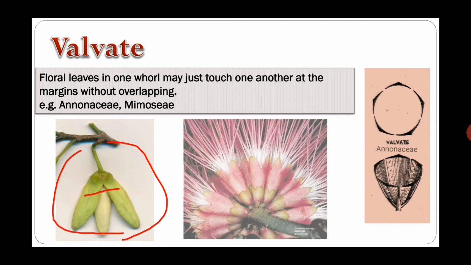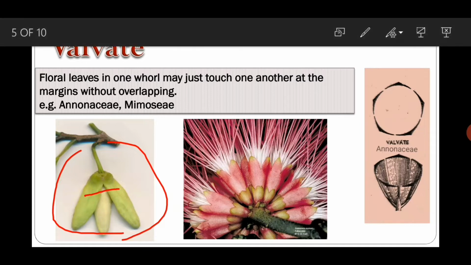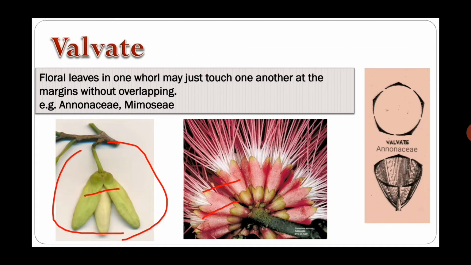Then the second picture is from the family Mimosaceae, where the name of the plant is rain tree. Here you can see the sepals and petals have valvate type of estivation. That means their margins are only touching each other and there is no overlapping. So this is the first type, that is valvate estivation.